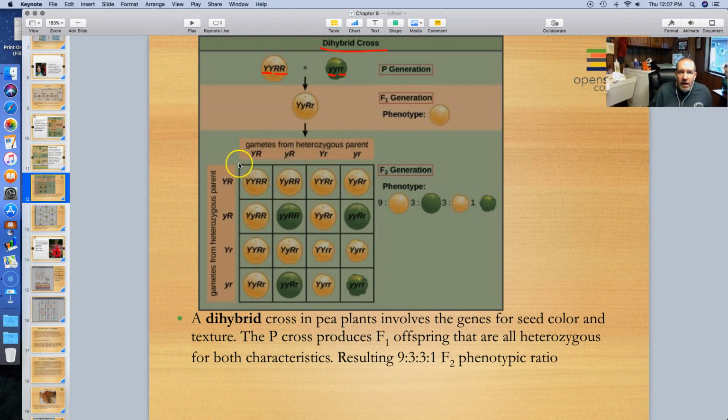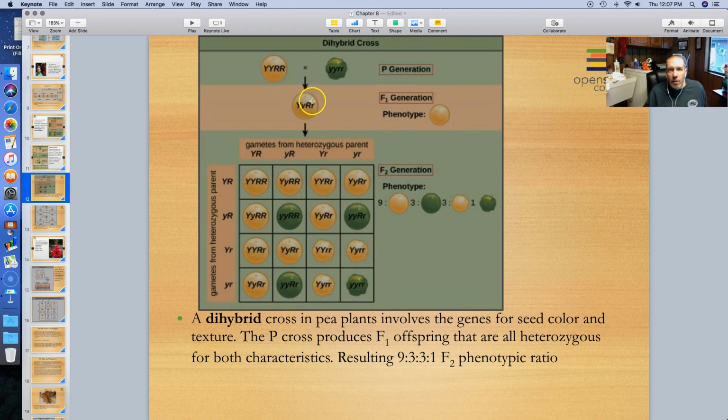And so you can see that our original Punnett square was just 4 squares, right? Because we only had 1 characteristic, 2 parents, a monohybrid cross. But now that we've got 2 characteristics, a dihybrid cross, our Punnett square jumps up to basically 16 combinations.